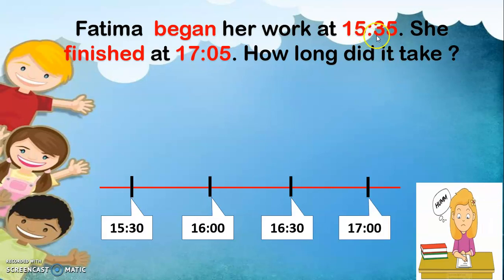First, 15:35. So it is after 15:30. 5 minutes after 15:30 is 15:35. So maximum, as I told you, the distance of these two lines is 30 minutes. So let's say that this is here, going to 16.